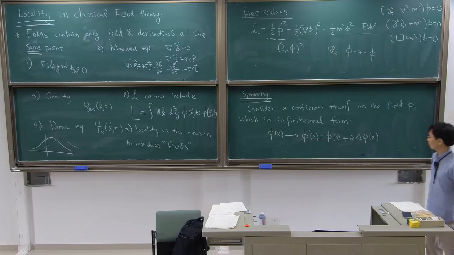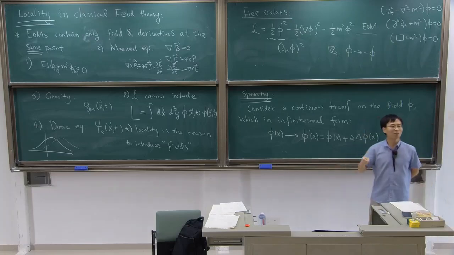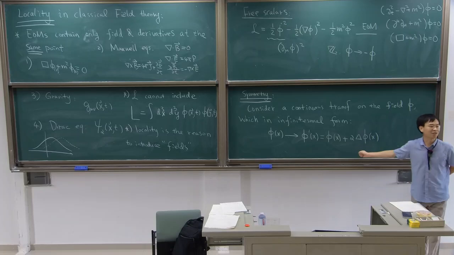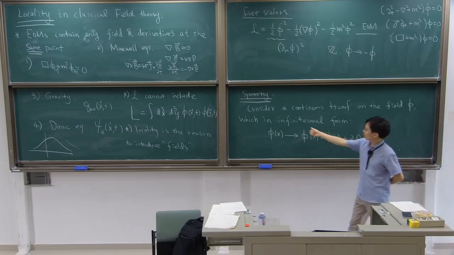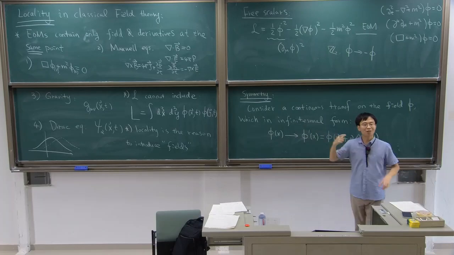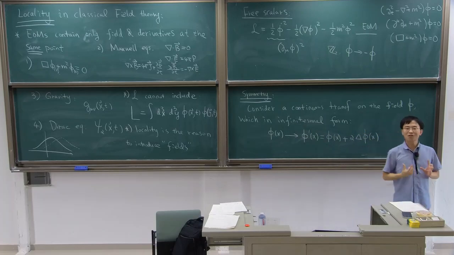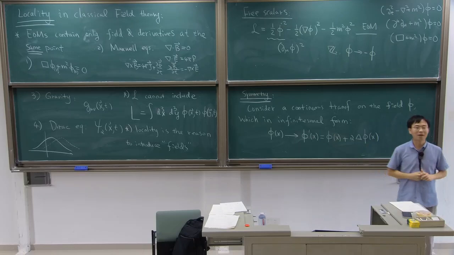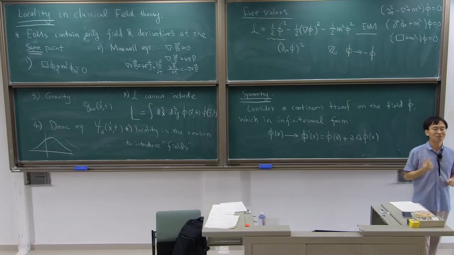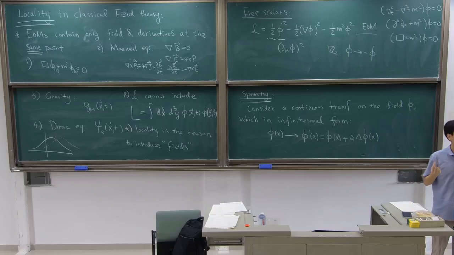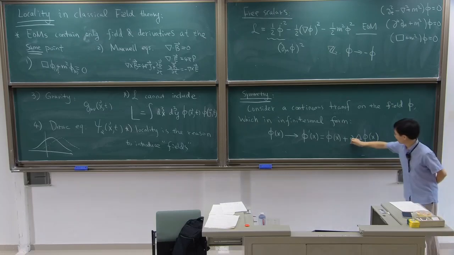Now, with that terminology, you can easily understand this equation, because this is the infinitesimal transformation. After transformation, the new field, which I denote here as phi prime, should always be the original field plus some little amount. This is the infinitesimal transformation, maybe you do a little bit of change, proportional to some small parameter, alpha.